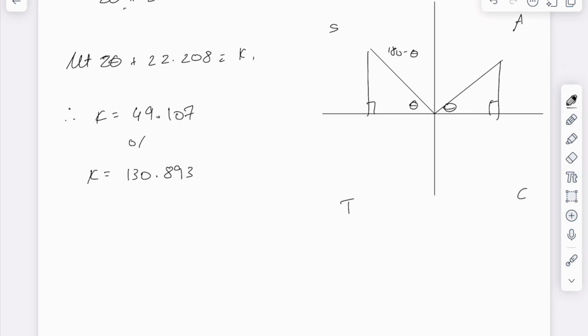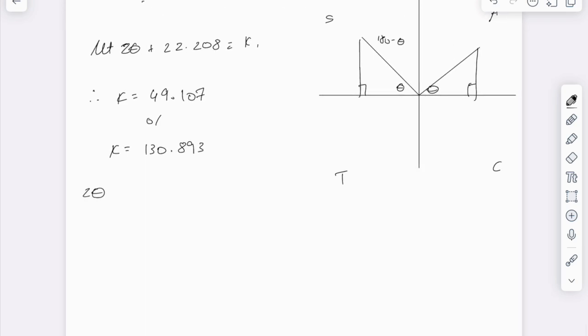And that means that 2 theta plus 22.208 is equal to 49.107, and 2 theta plus 22.208 is equal to 130.893.